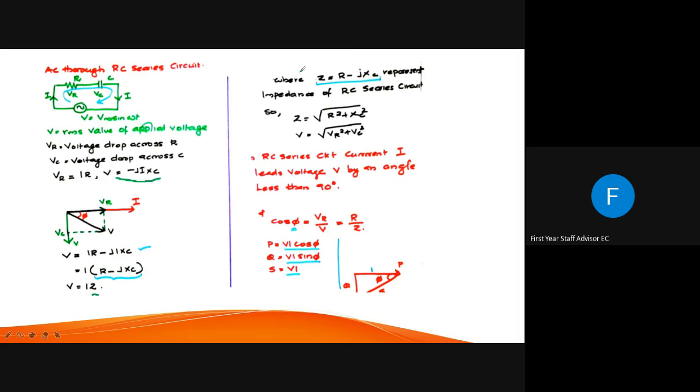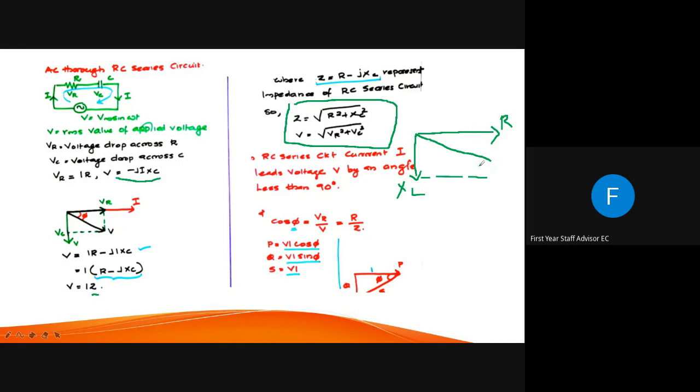And the formula for the magnitude of impedance is the same. It is the square root of R square plus XC square. It is based on the triangle. What triangle? The resistance triangle, or I can say the phasor. This is the resistive component, this is the reactive component, and the hypotenuse is the impedance.